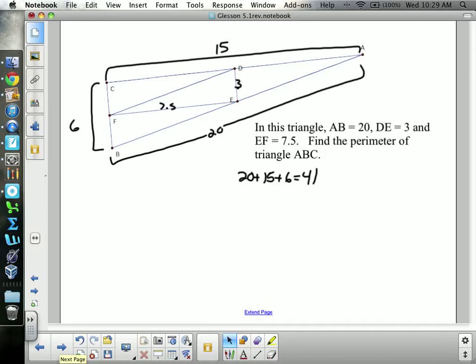Okay. What would the perimeter of DEF be? Well, first you have to find FD. How long is FD? 10, half the length of the parallel side.